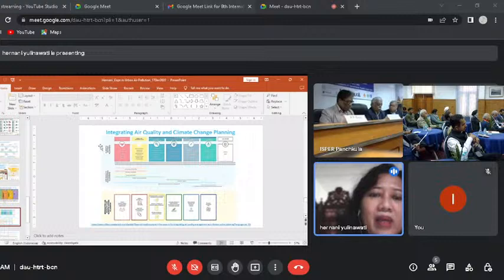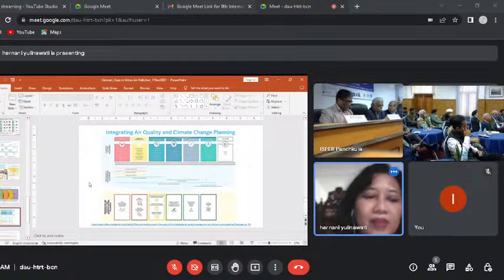Right now we have a program with the World Resources Institute, Jakarta, and also Indore in India, a similar program, and also C40 tries to integrate air quality and climate change planning, and Jakarta will be part of this program also.